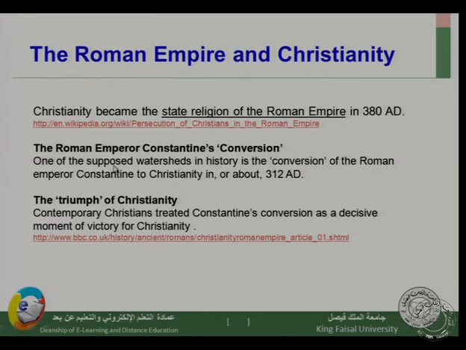One of the supposed watersheds in history is the conversion of the Roman Emperor Constantine. He converted to Christianity, and he forced this dogma or this belief to be the state religion of the whole Roman Empire. So he decided to convert in or about 312 AD.